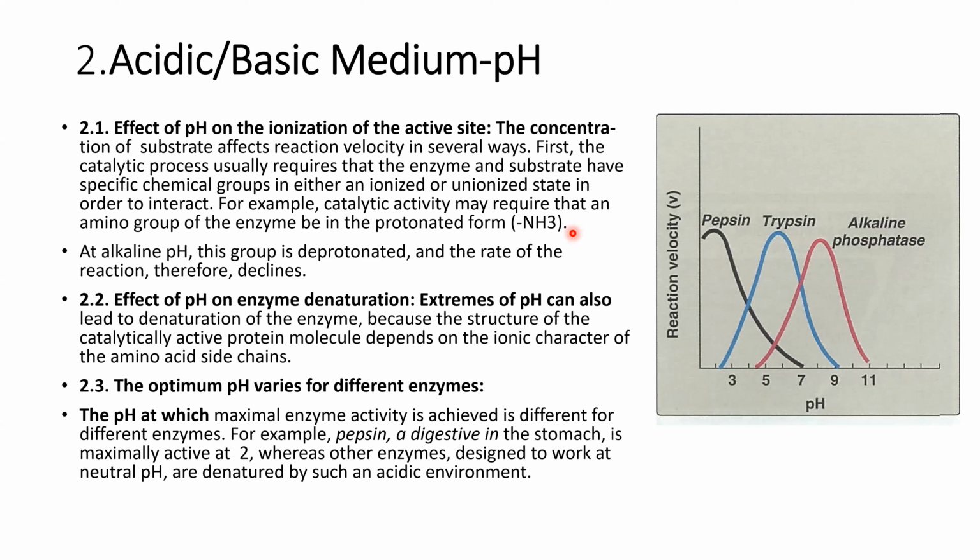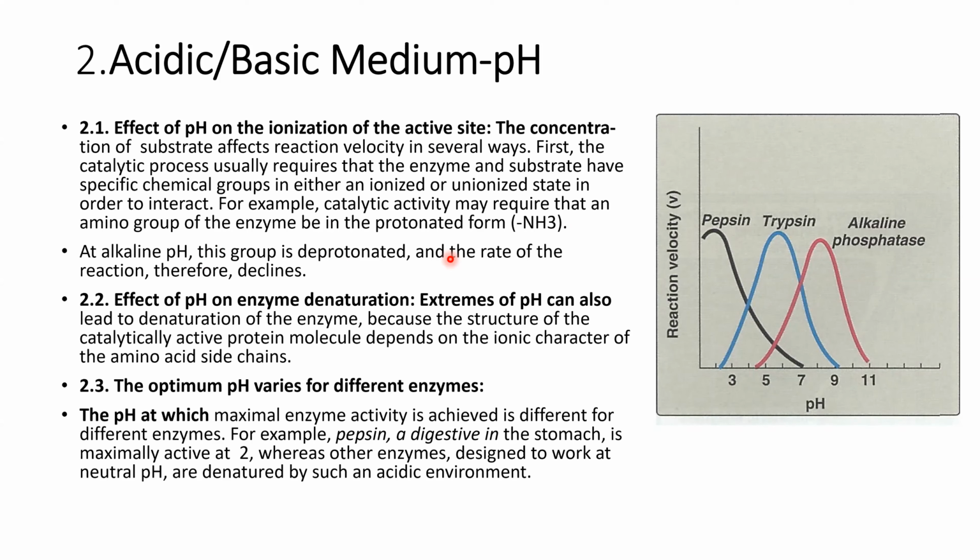But if there is a pH which is alkaline, meaning a basic pH, the group is deprotonated. So this is not effective, because for that particular enzyme, it should be in its highly protonated form. When I say highly protonated form, I am talking about the amino or carboxylate group of the amino acids, because the enzyme is made up of amino acids, right?